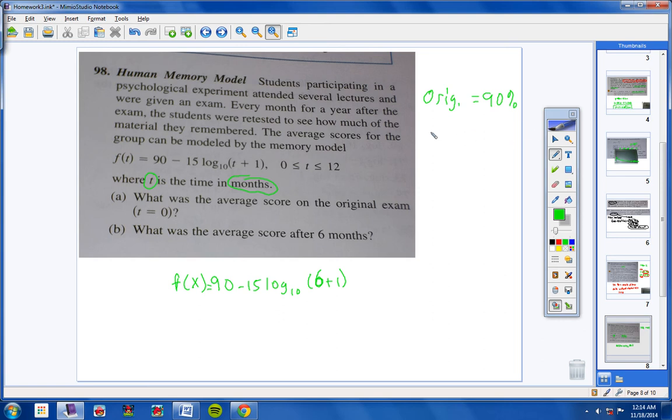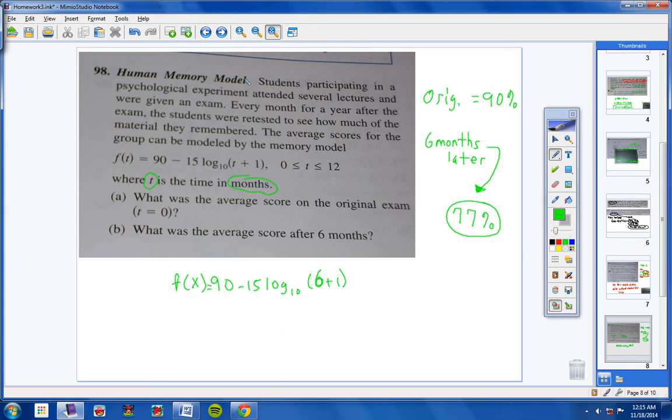So 6 months later, because human memory is not perfect and we forget things, the same students took the same test, and their average was 77%. So again, we're just learning how to take given models, given functions, and then evaluating the variables at certain values.